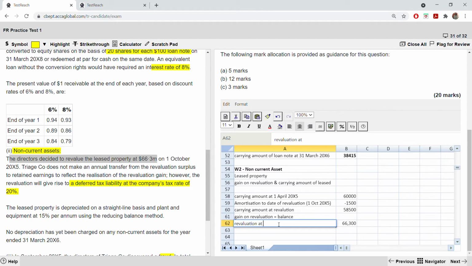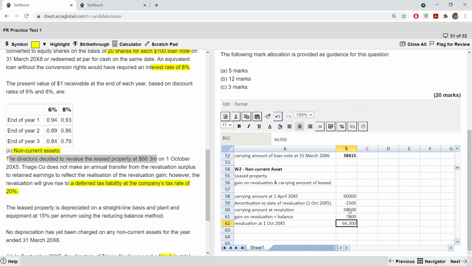At 1st October 2005. Write the month correctly, the date correctly, the year correctly. So the difference between these two is the gain. It's a gain, isn't it? Because from 58,500 it increased to 66,300. That's why it's a gain. Sorry, it's not a sum. It's this minus this, and 7,800.